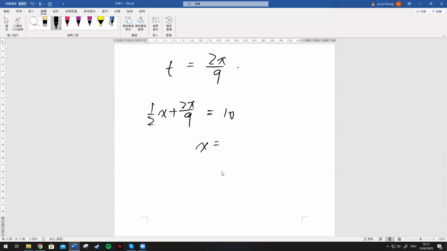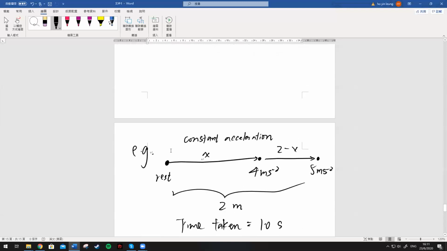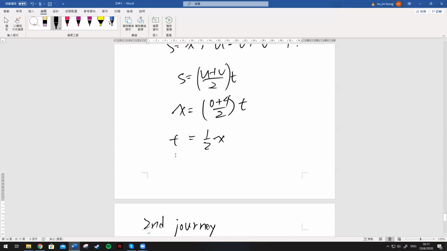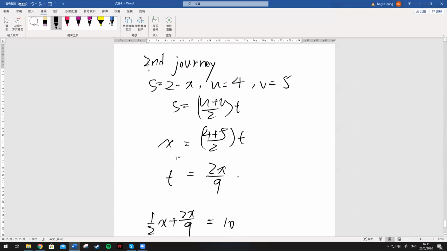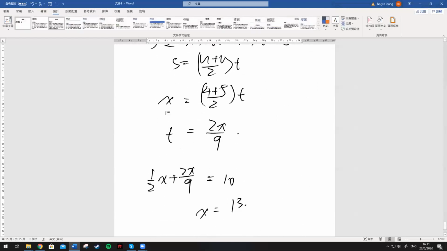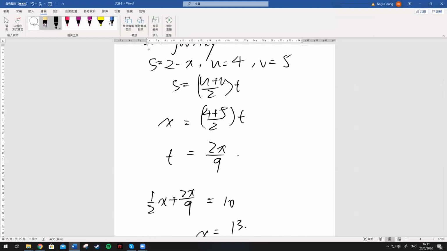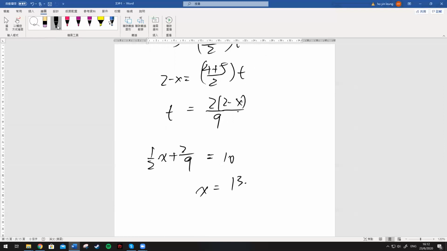So it's around like 13. Wait a second. Sorry, no, this is not x, right? This is 2 minus x. So this one is 2 minus x.